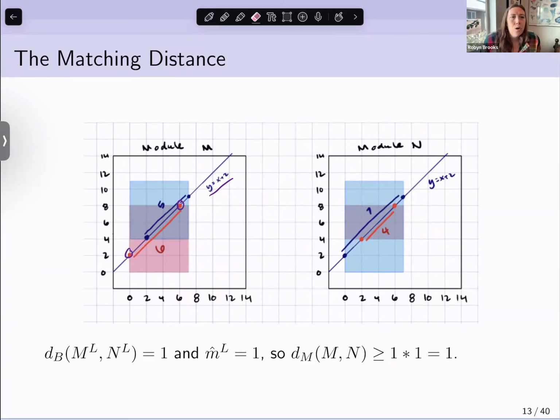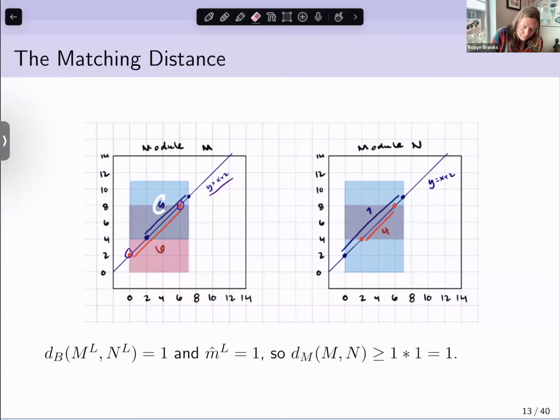Okay. So to compute the matching distance, I need to look over all possible matchings where I either match one interval from M with one interval from N, or I match one interval to the diagonal. And the cost of matching two of these intervals is going to be the difference of the lengths.